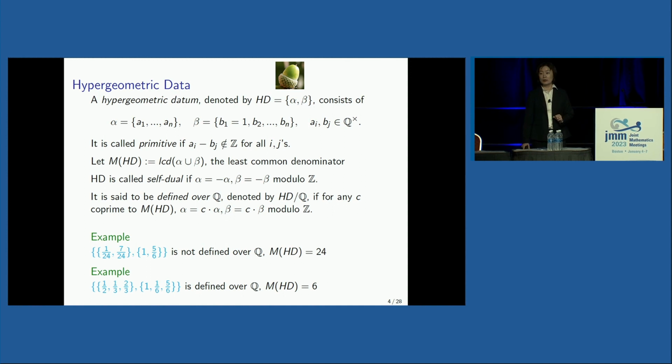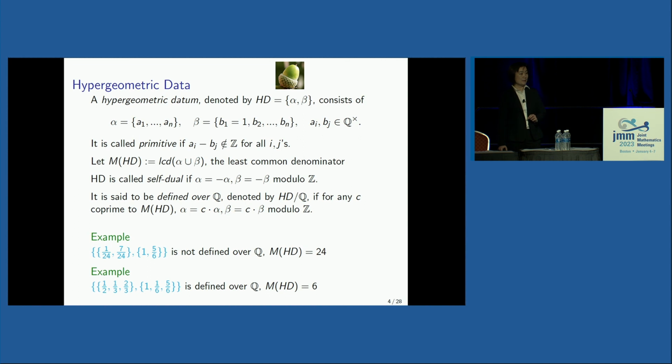Such a pair is called primitive if a_i minus b_j is not an integer, or 0, modulo Z. And this pair is said to be self-dual, which is one notion I will need, if both alpha and beta are invariant under multiplication by -1 modulo Z. And in a stronger sense, if multiplied by any c coprime to the level, the 2 multisets are both invariant modulo Z, the pair is said to be defined over Q.